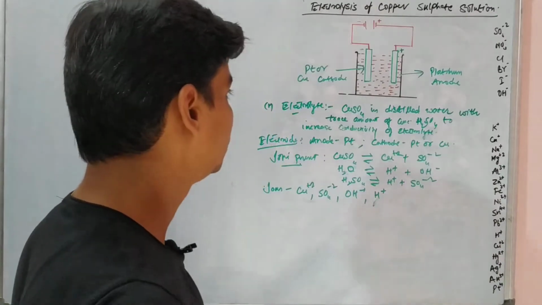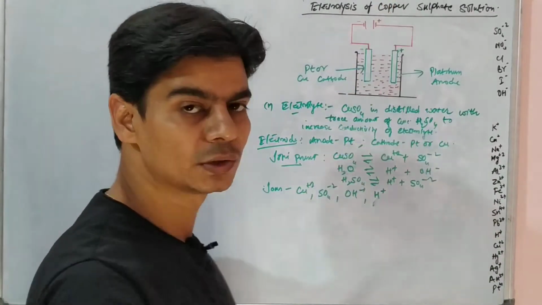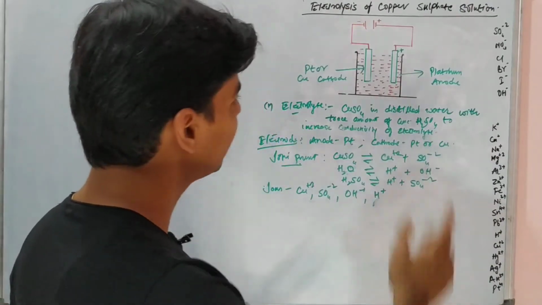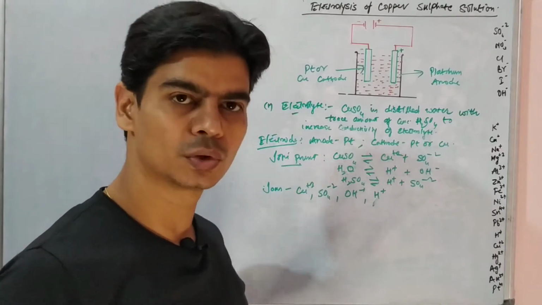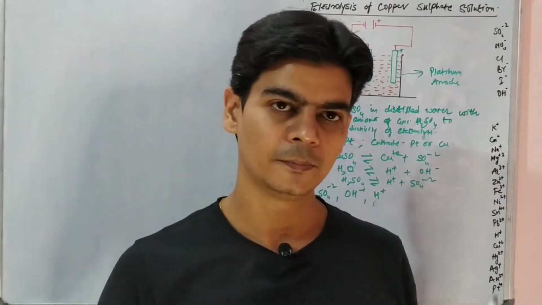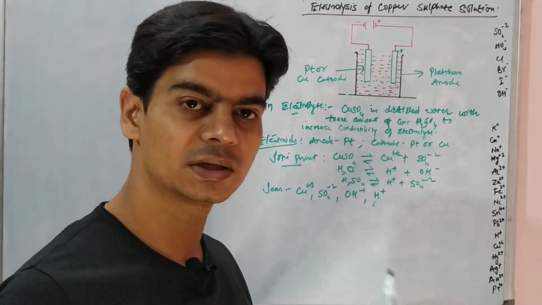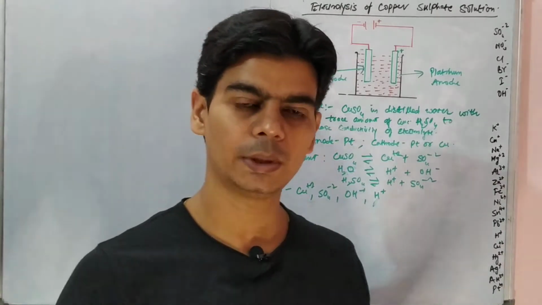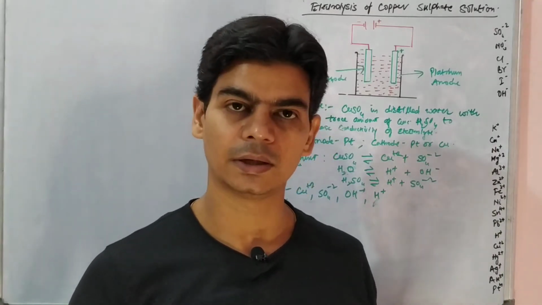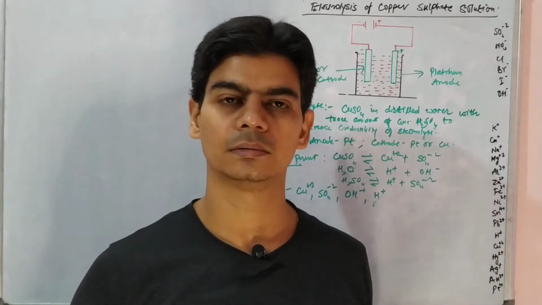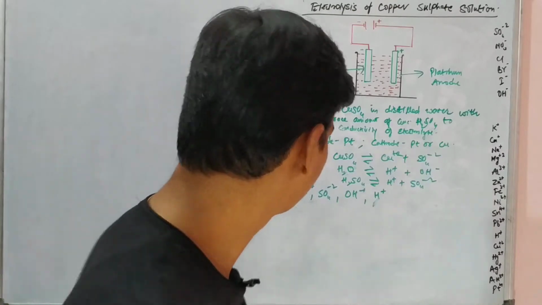Just to revise, current enters the electrolyte through the cathode and leaves through the anode. When current enters the electrolyte, the mobile ions start moving towards their respective electrodes, and this movement of ions allows electric current to pass through the electrolyte.